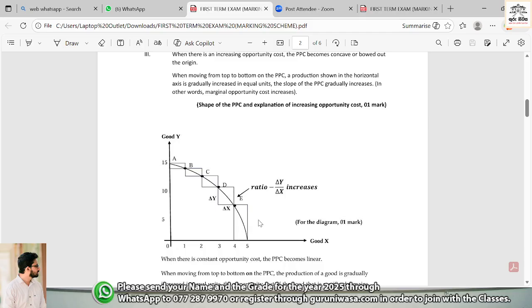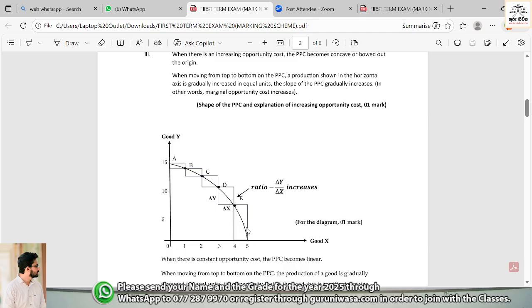This is the answer given in your marking scheme, right? Then it indicates increase in opportunity cost properly. Some may argue that drawing a PPC concave to origin indicates increase in opportunity cost, but this makes much more sense. You get the point? Okay, very clear.